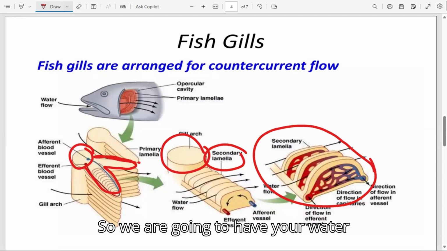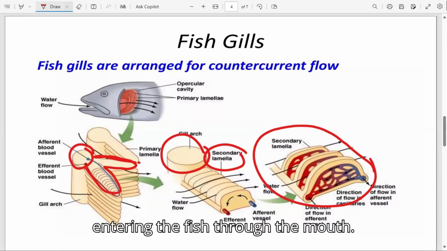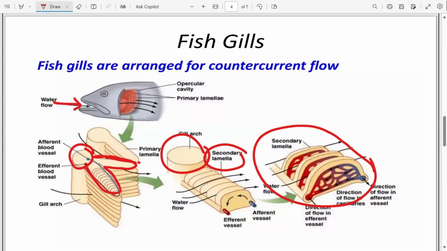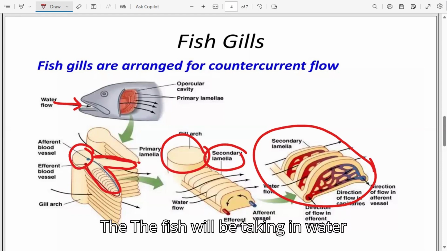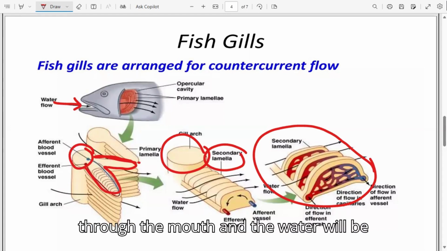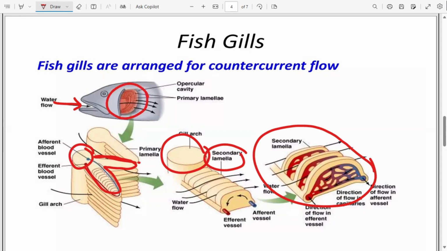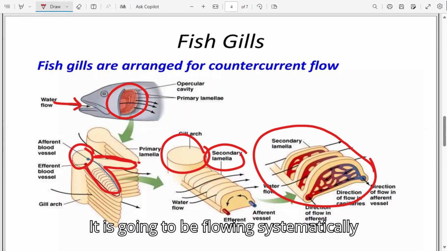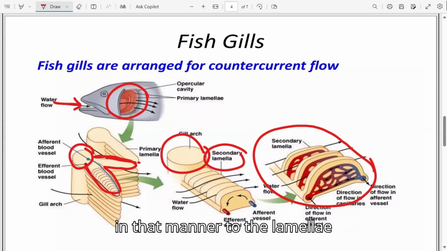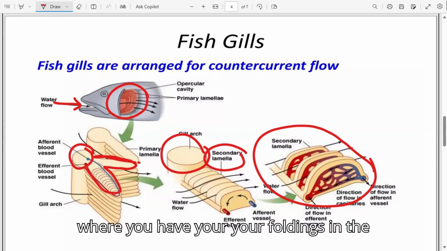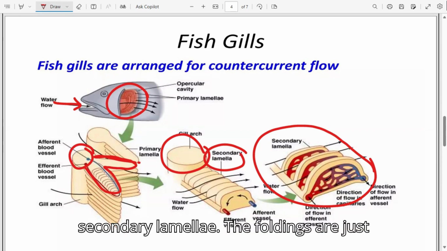So you are going to have water entering the fish through the mouth. The fish will be taking in water through the mouth, and the water will be passing through the gills. It is going to be flowing systematically in that manner to the lamellae, where you have your foldings in the secondary lamellae.